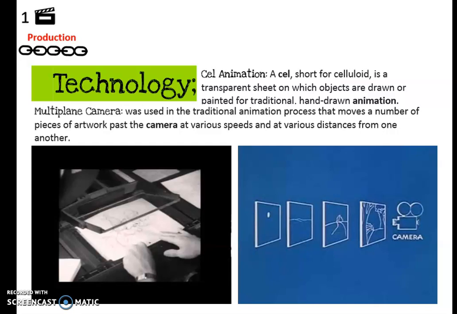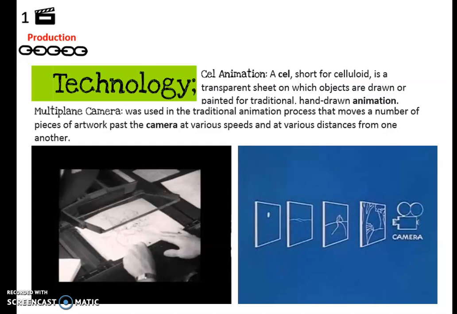So they're quite far along in terms of their technological advancement of animation. So they're able to develop processes of cel animation that help to give what they call a depth of field and to make the animations appear to have a 3D-like effect.